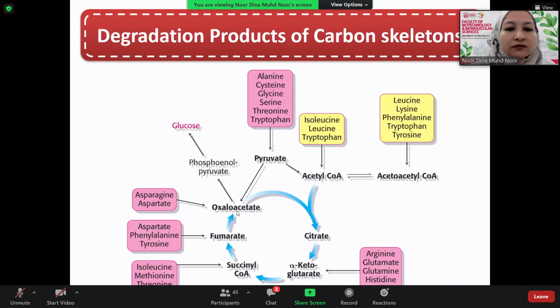And this is how oxaloacetate, which is an intermediate of the TCA cycle, is derived from the degradation of asparagine and aspartate, directly from these two amino acids. Oxaloacetate can then provide for the formation of phosphoenolpyruvate, and they can make up glucose.